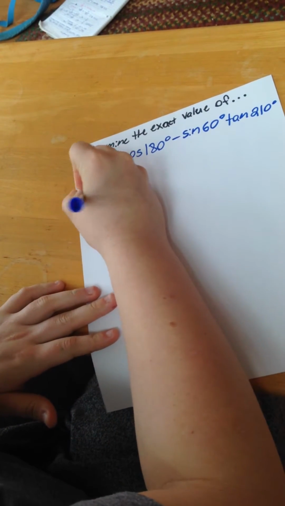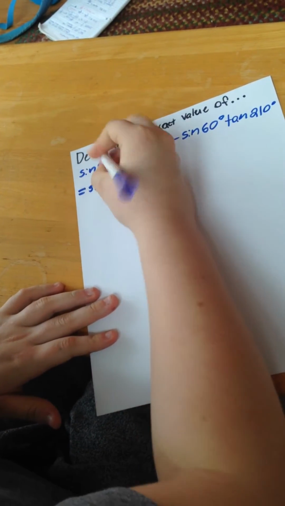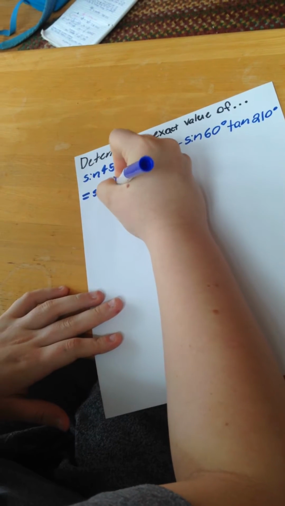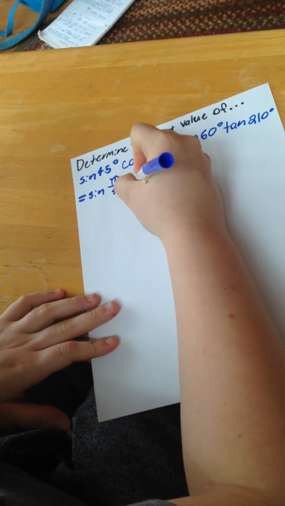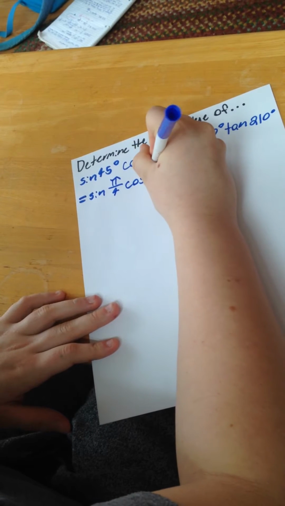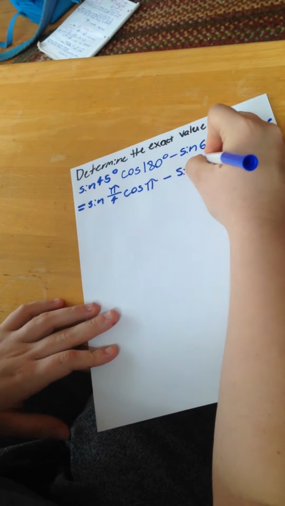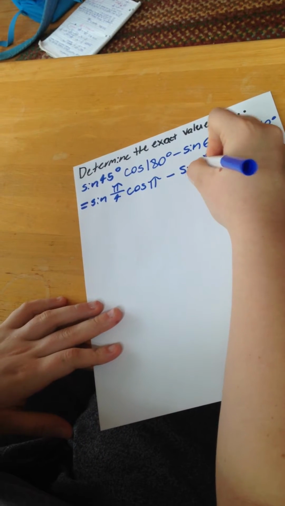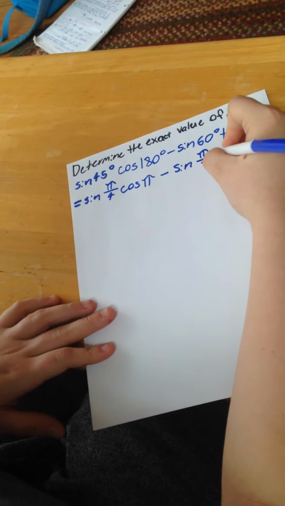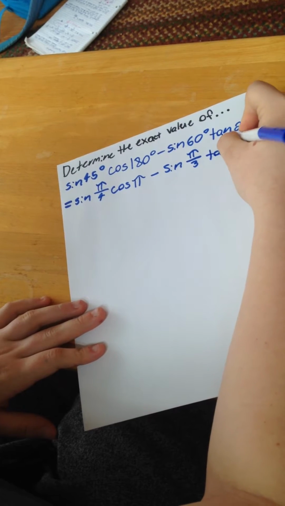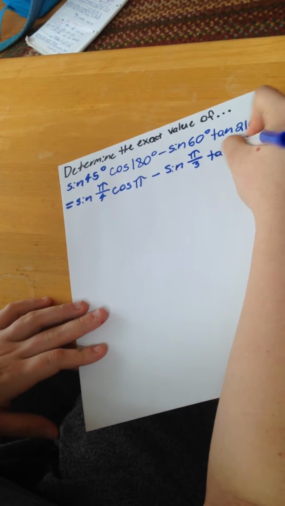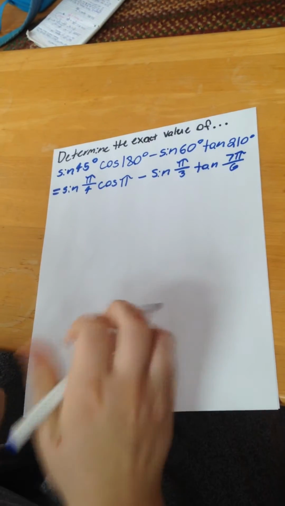So this would equal sine pi over 4 cos pi minus sine pi over 3 and tan 7 pi over 6.